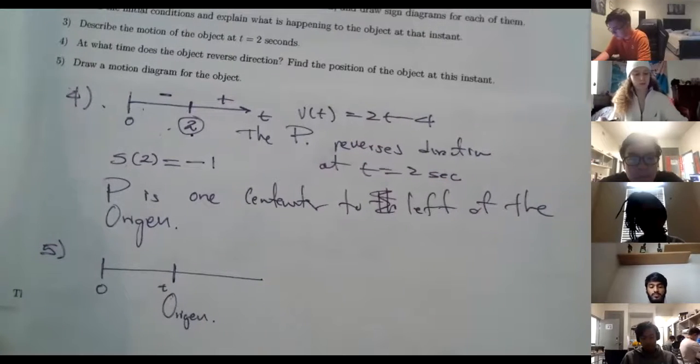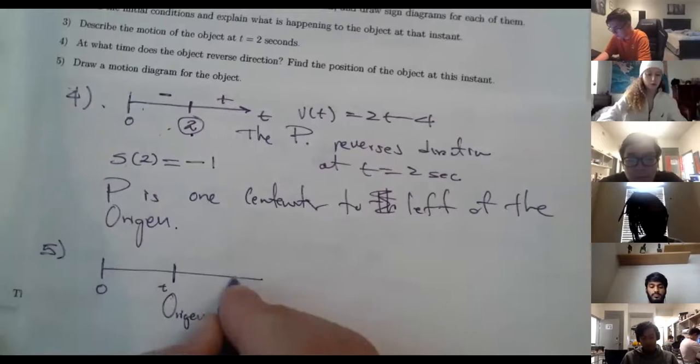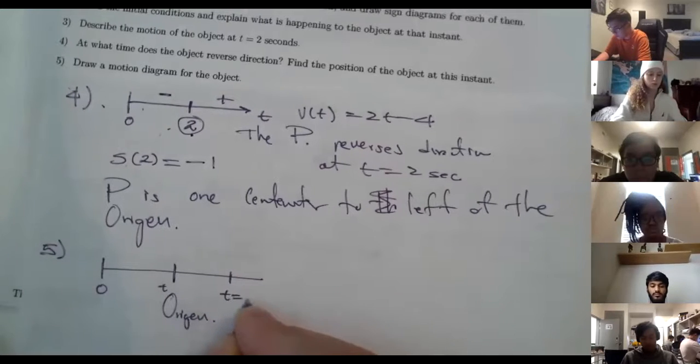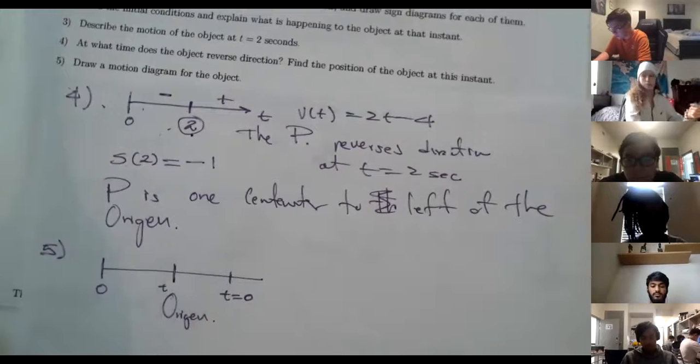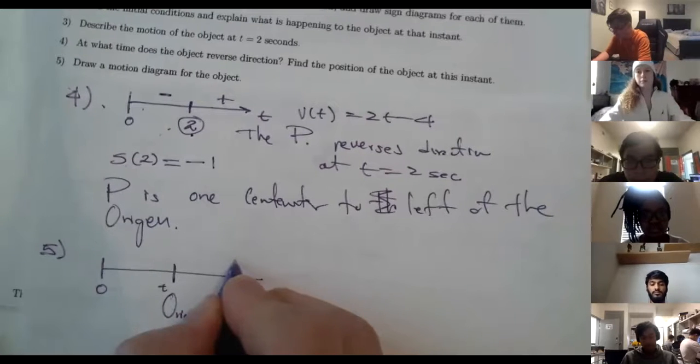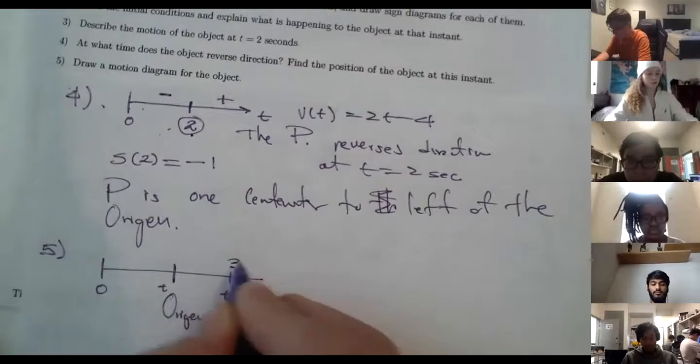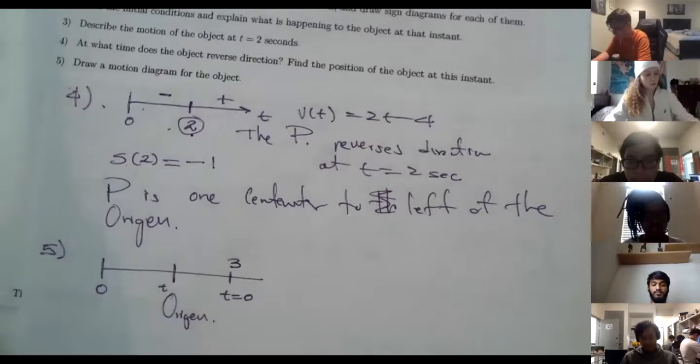All right. So when the time is 0, where is the particle? We found that to be 3 centimeters to the right of the origin, correct?